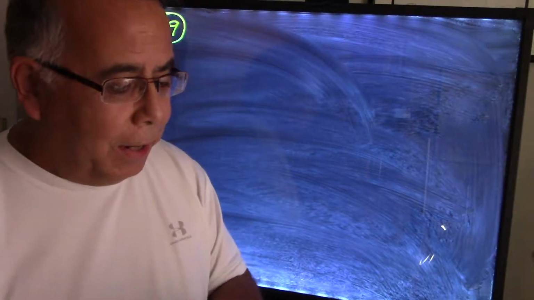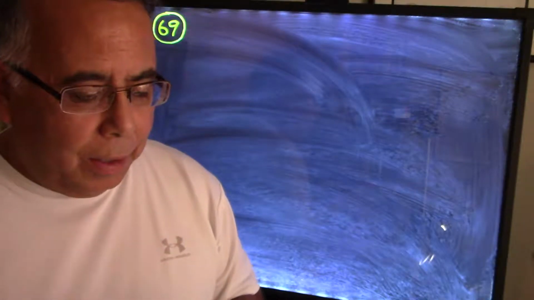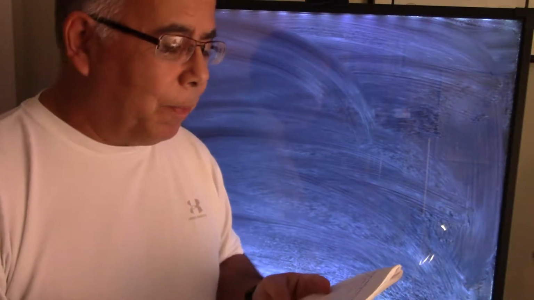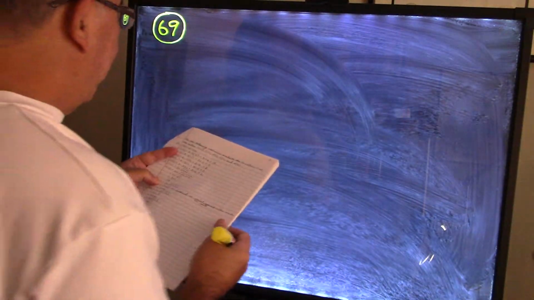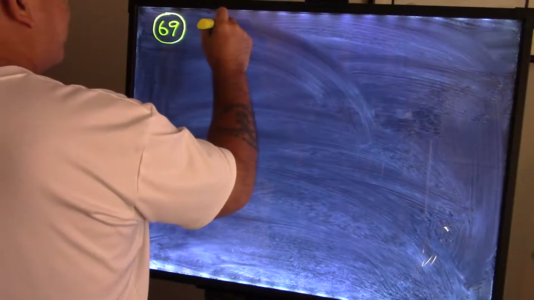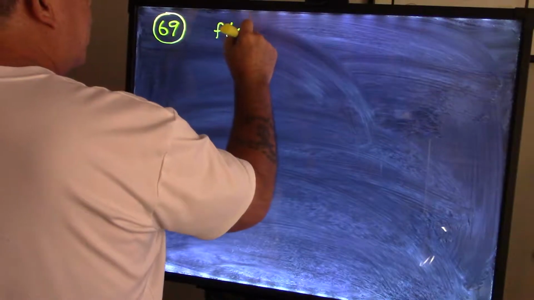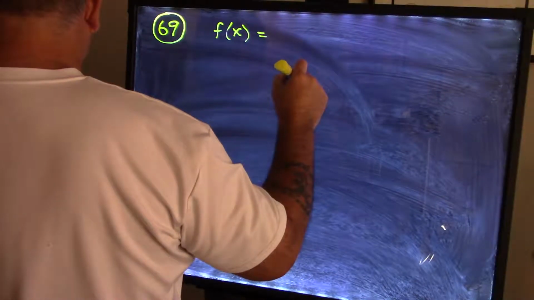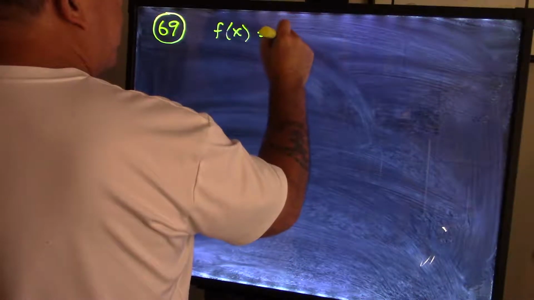Number 69. For the following exercises, evaluate the function f at the values f of negative 2, f of negative 1, f of 0, f of 1, and f of 2. All right, so we have f of x equals 8 minus 3x.